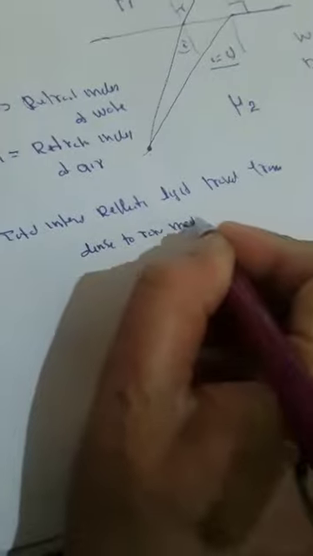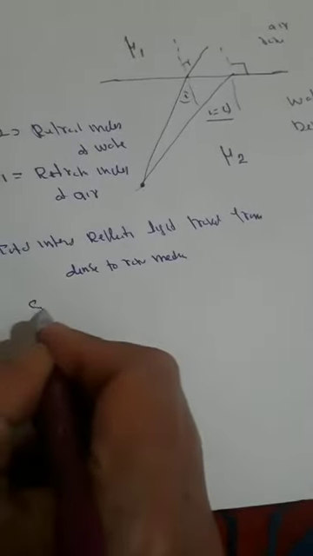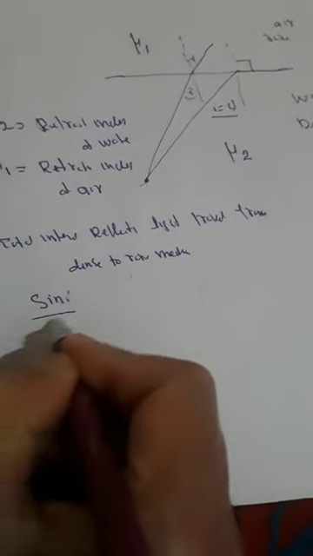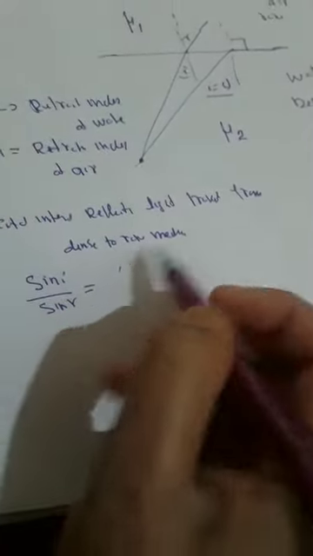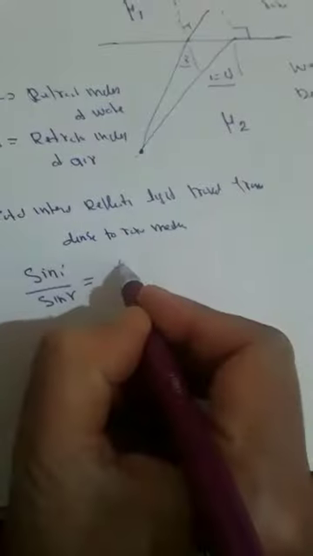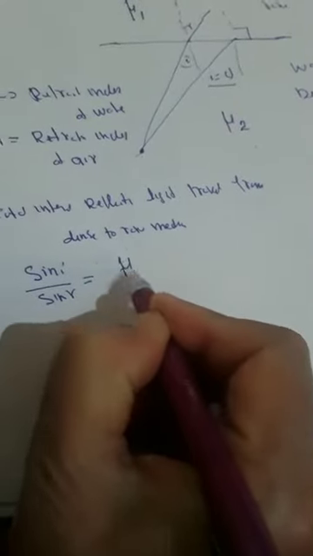I have already discussed this. When we talk about Snell's law, sin I divided by sin R is equal to a constant, that is equal to mu. Light travels from water to air, so it is equal to mu1 divided by mu2.